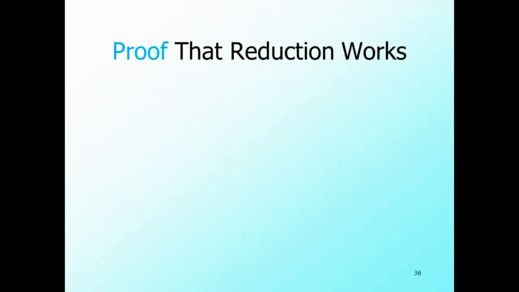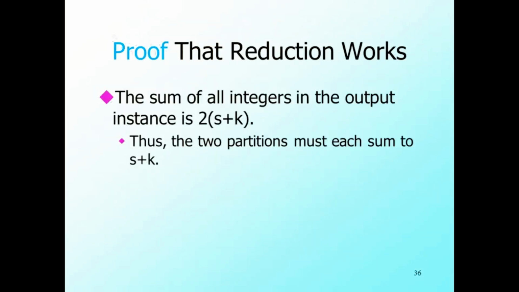So here's the proof of correctness. First, observe that the sum of the integers in the output instance of partition knapsack is 2S plus 2K. That is, the integers on list L sum to S, and there's another integer S in the output list, so that makes 2S. And then there is an integer 2K in the output list, which makes 2S plus 2K.